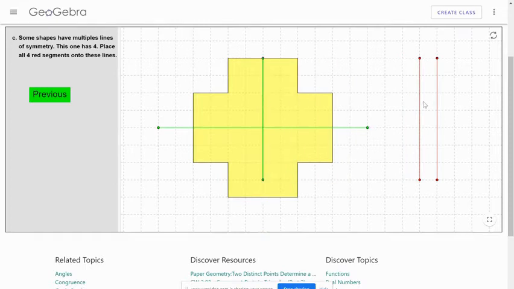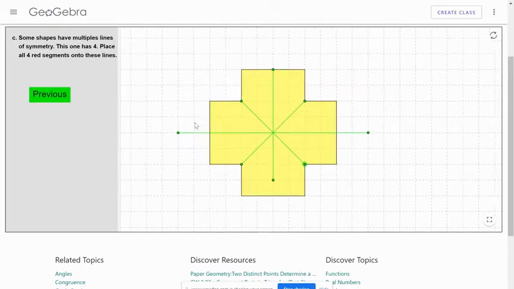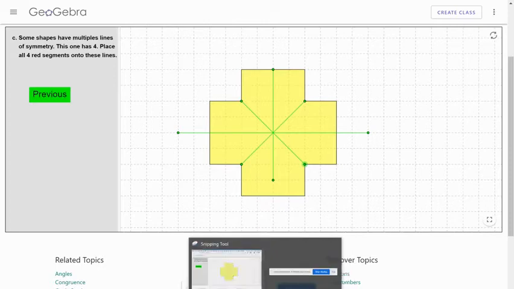Like this. Like that. And like that. Okay, so that's all there is for that exercise.